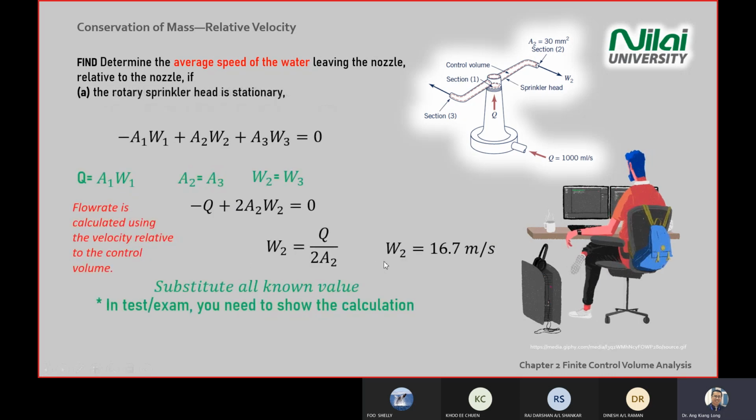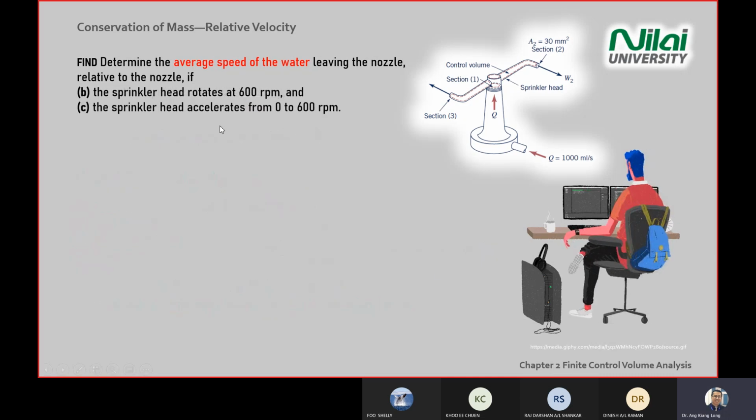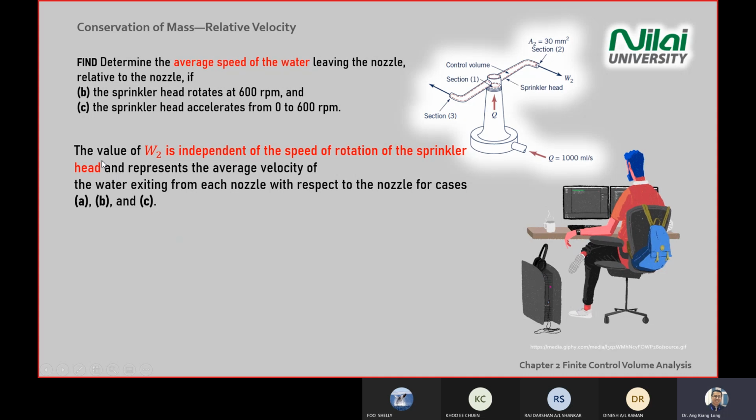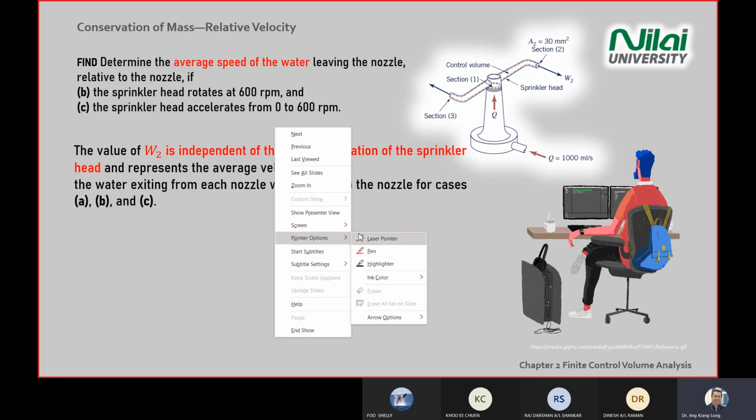So once we get W2 for A, W2 is 16.7 for rotary. For the head that is stationary, which doesn't move, you also get W2. Then for B and C, what happened? Just take note, W2 is a relative value, like you comparing something to someone.